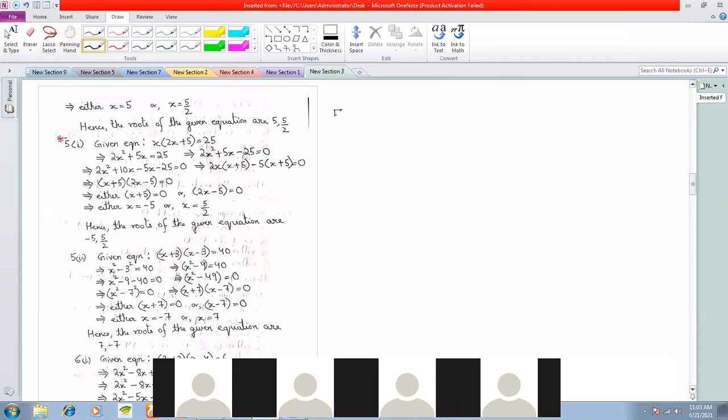Next sum, 5(1). So we have to solve x into (2x plus 5) is equal to 25. We want to express this as ax square plus bx plus c first. So we multiply everything. x into 2x will give you 2x square plus 5x is equal to 25.